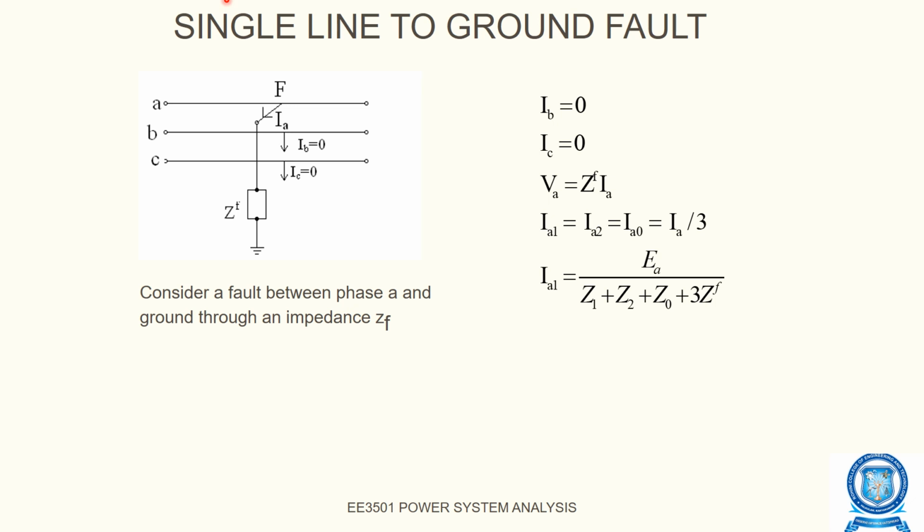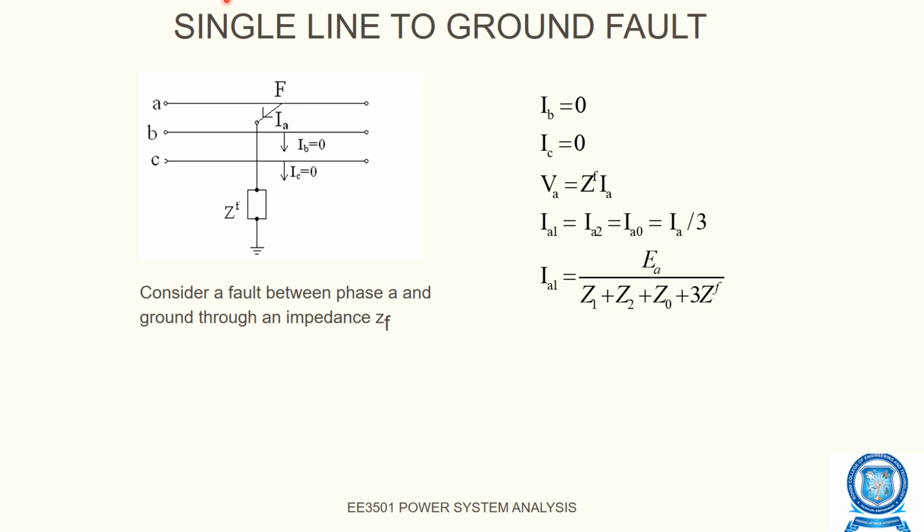Whenever a fault occurs in a system, the fault current increases rapidly. Here assume that phase A is shorted to ground through the fault impedance ZF.